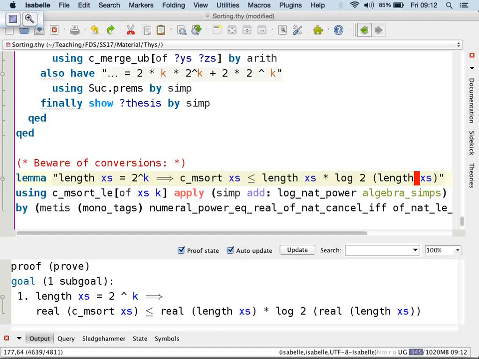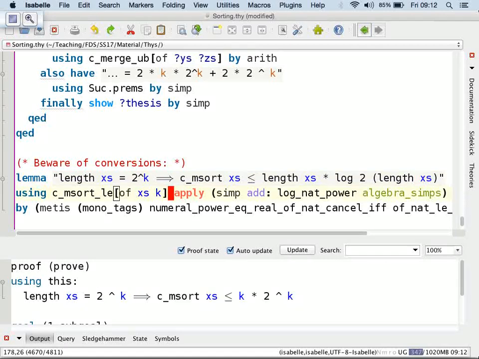You now have these conversion functions, and you can't reason as simply as you would on a piece of paper, where you normally don't have different numeric types, but you just have, as in mathematics, one numeric type. And then, in fact, you have to use this lemma here. So that's this lemma that you see at the bottom.